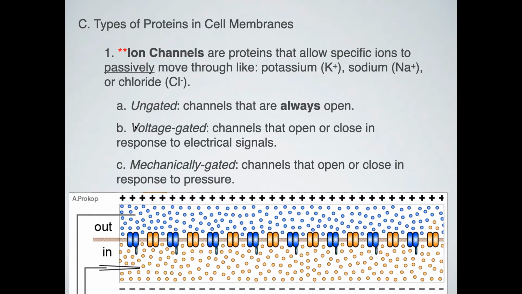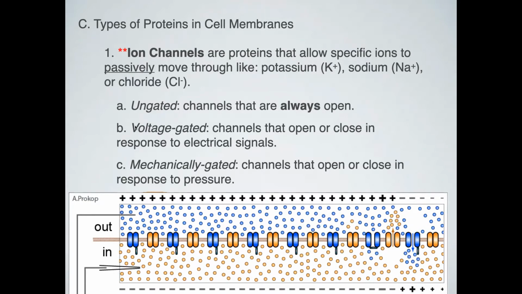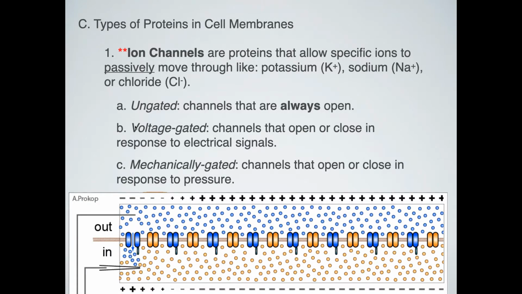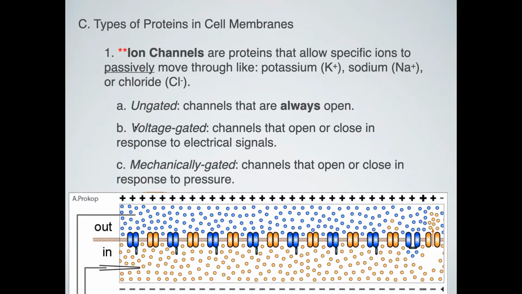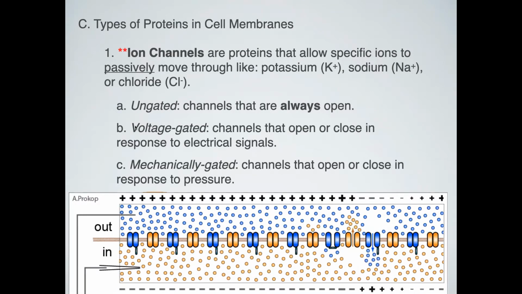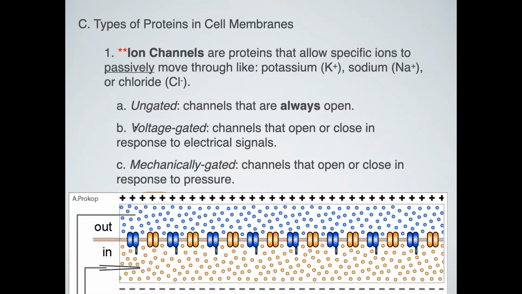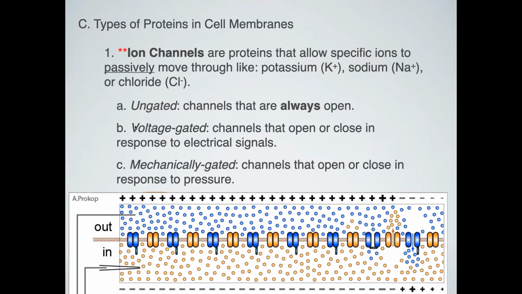That's the reason why if you even barely touch a hair on your arm, you pick that up. It's because there is a mechanically gated ion channel response when you touch your hair. It's a pressure sensor, basically. That's what a hair is. Mechanically gated ion channels also help us hear.